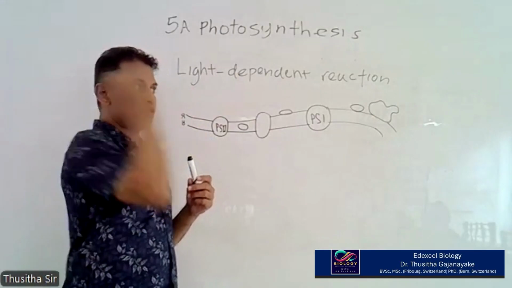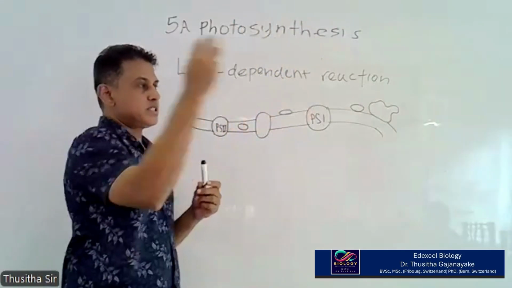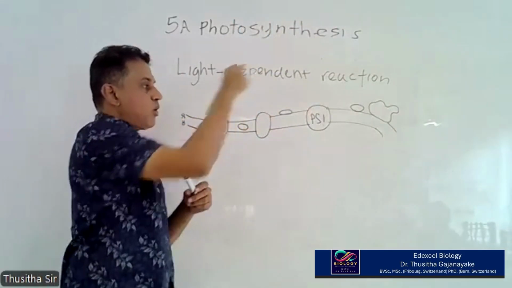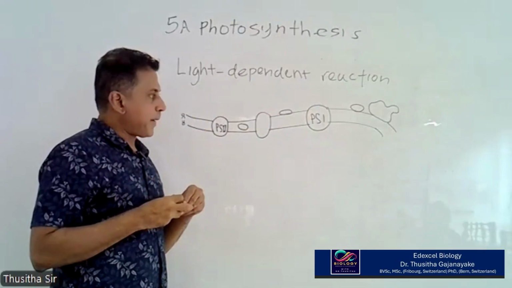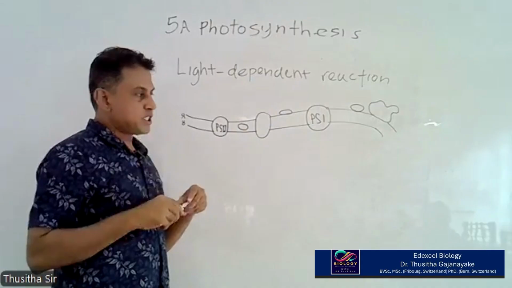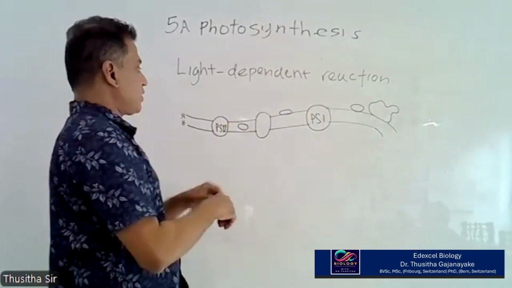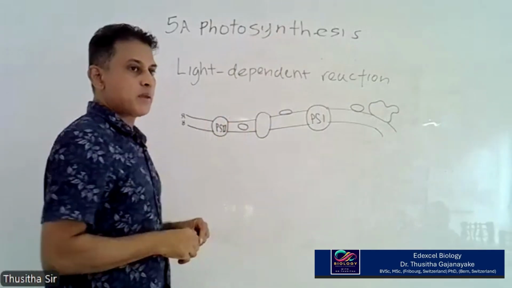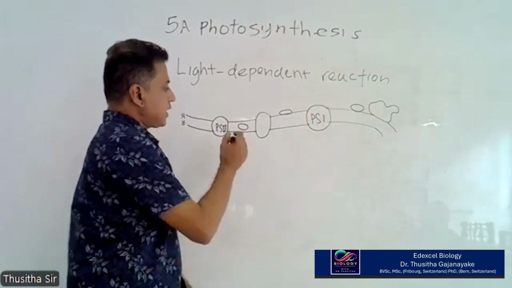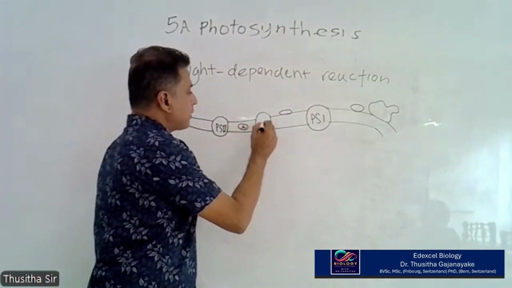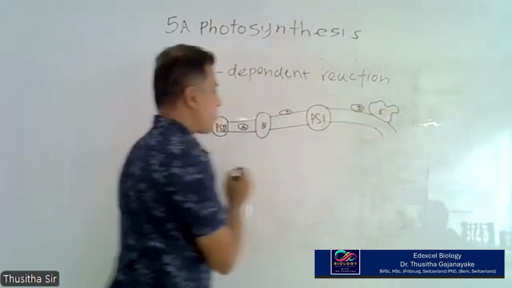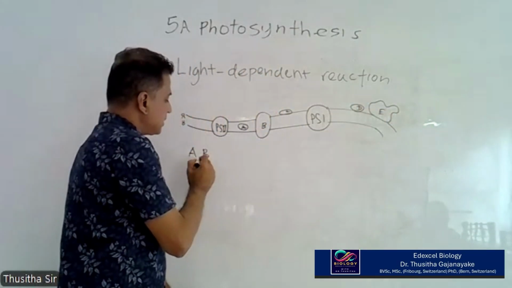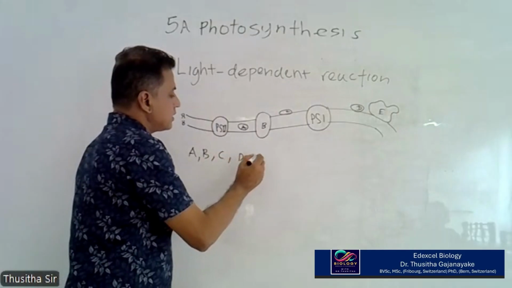Electrons moving with energy, this energy can be used at different points to make other types of molecules. We don't have much time, but we will continue next week, but you can copy this down. I just give A, B, C, D and E.